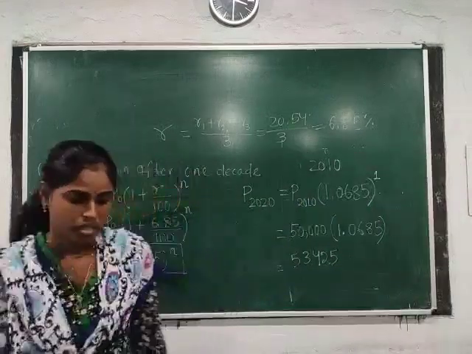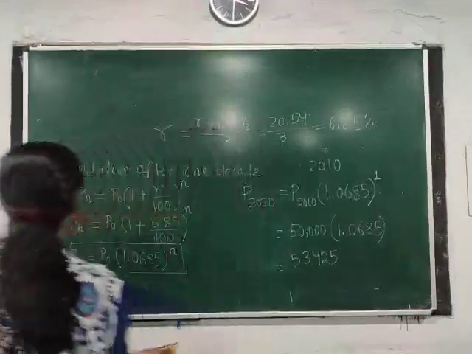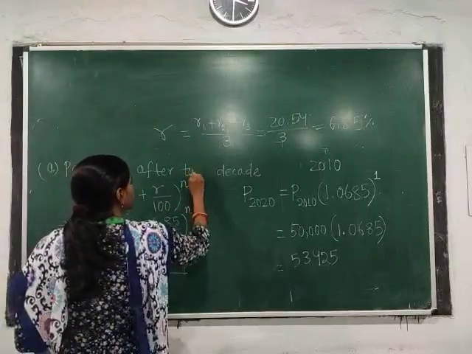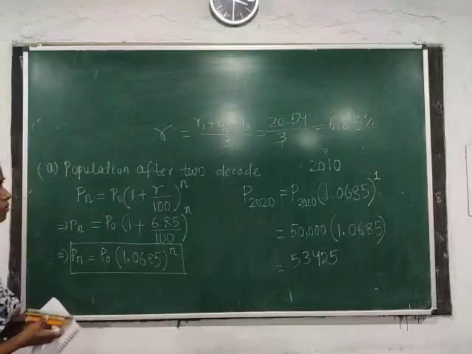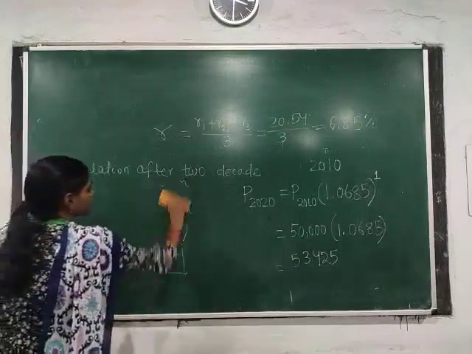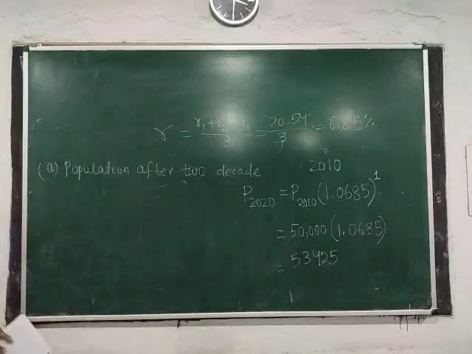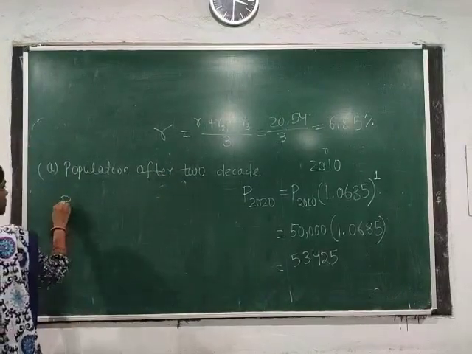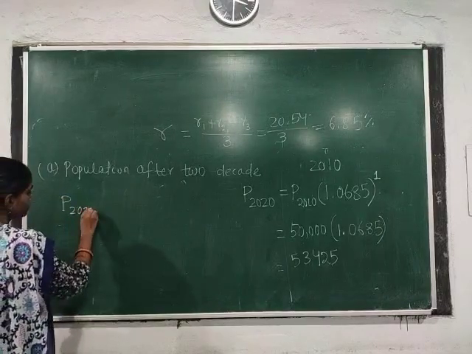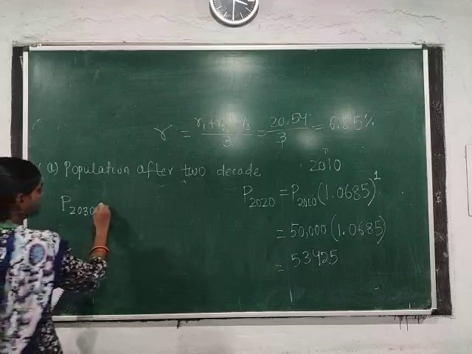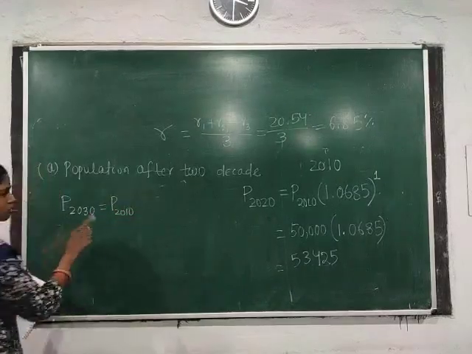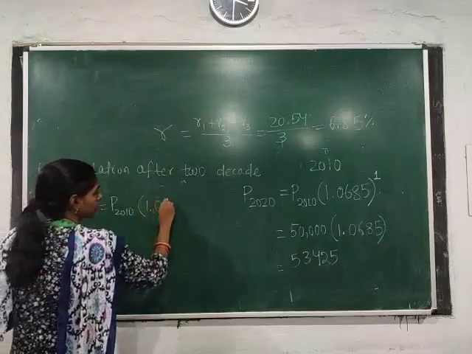Then similarly you can find out population after 2 decades also. When the population is for 2 decades, all the values will remain same. So Pn in this place will be P2030 and P0 is the last known population, 2010, 1.0685.